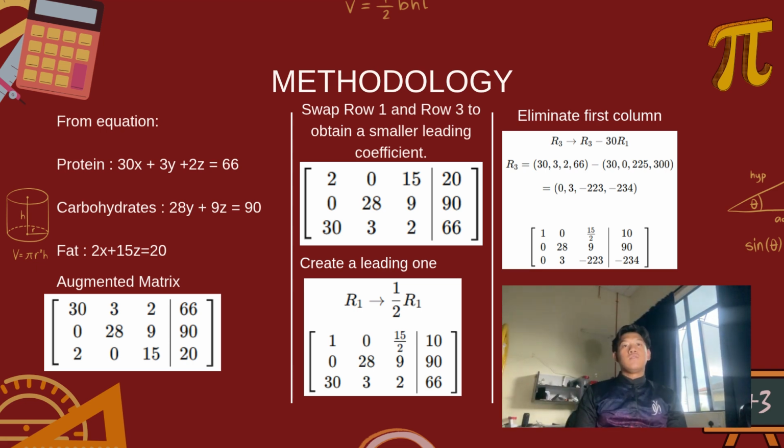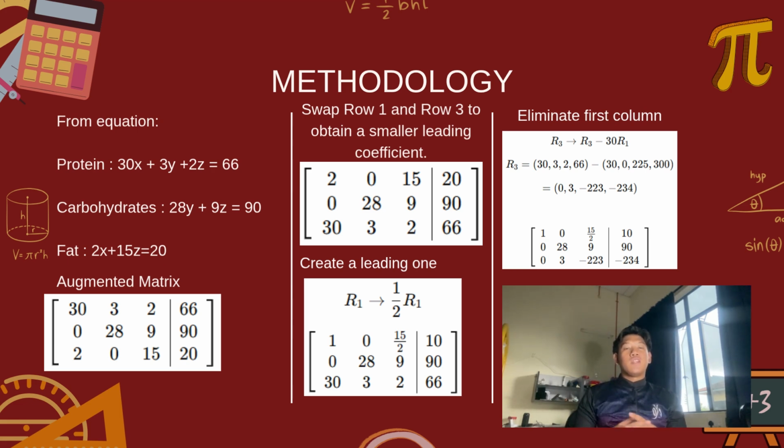From the equation, we got protein: 30x plus 3y plus 2z equals 66. Carbohydrates, we get 28y plus 9z equals 90. Fat, 2x plus 15z equals 20. We conclude that and we got the augmented matrix. To solve it, first, we swap row 1 and row 3 to obtain a smaller leading coefficient.